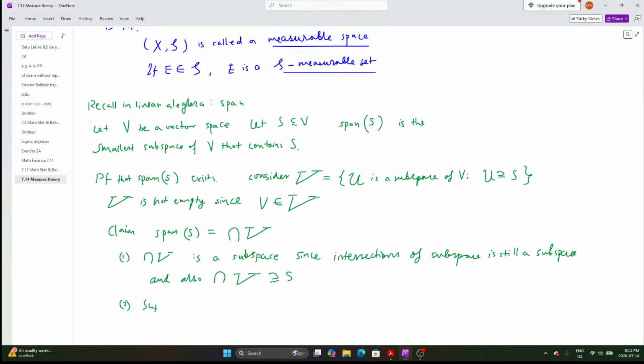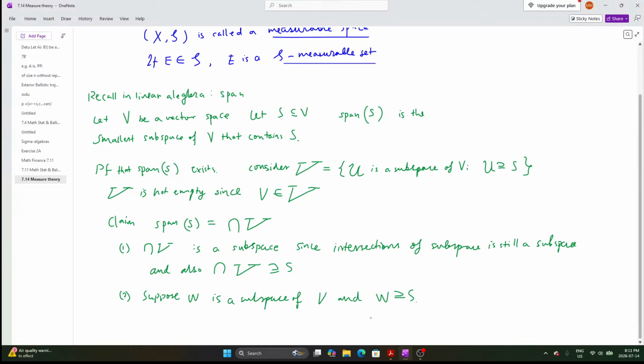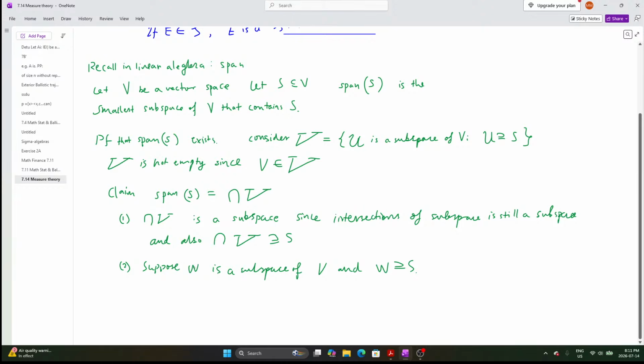Well, you suppose, say W is a subspace of V, and W contains S. And you want to show that W is contained in the union.